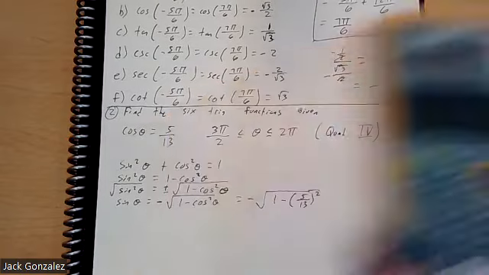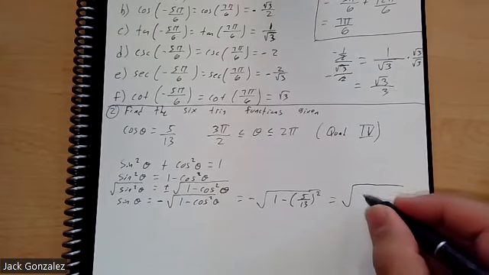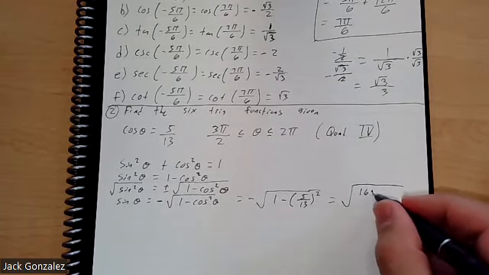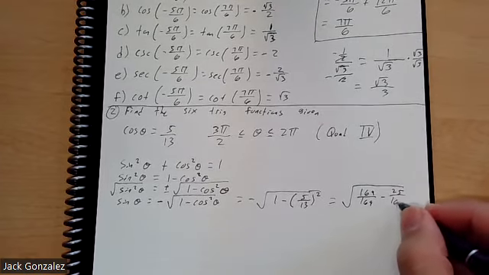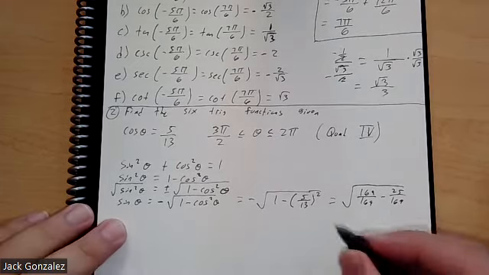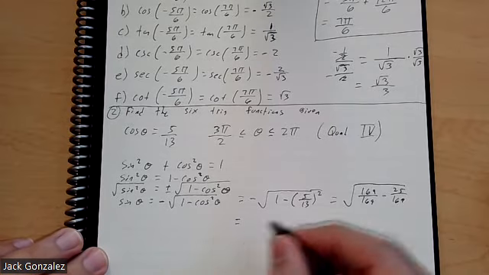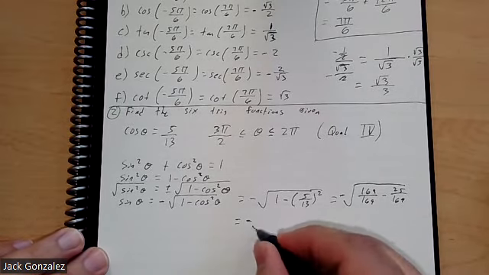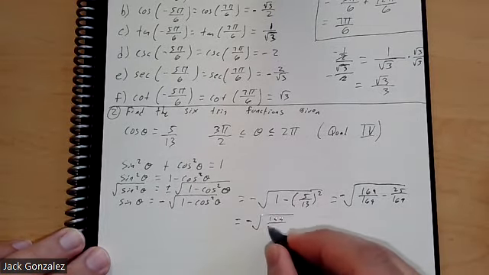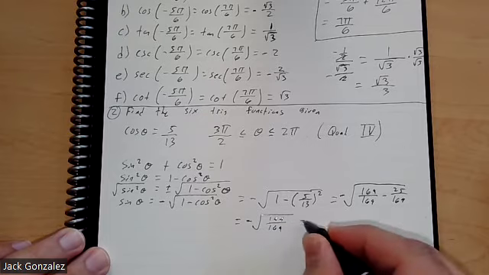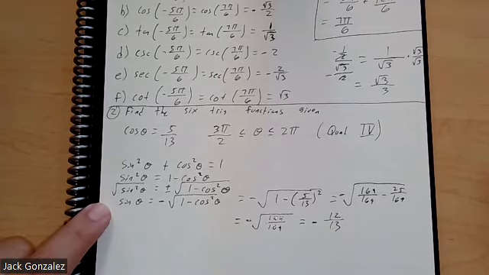If you would just show your work, it would be 169 over 169 minus 25 over 169, which will get you to 144 over 169, which is negative 12/13. That's sine.